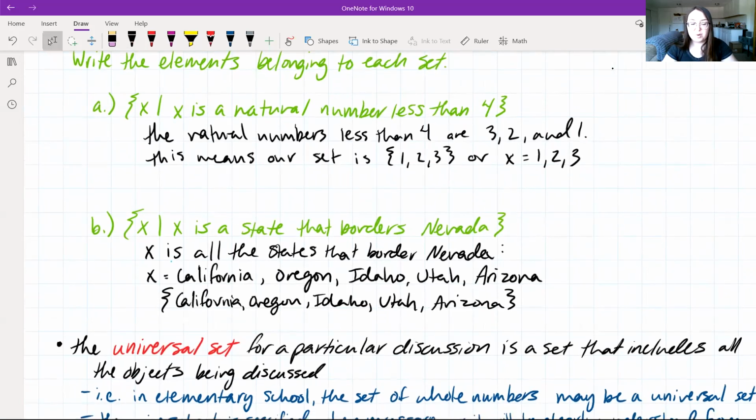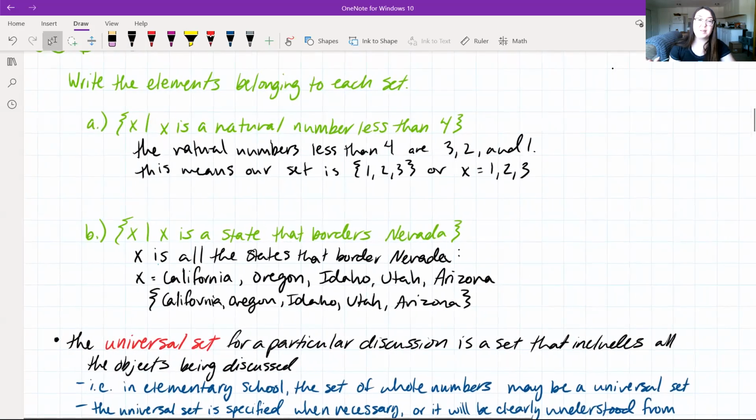If we wanted to say how many unique elements are in the set, I can count 5. So there are 5 states that border Nevada, so there are 5 unique elements of our set. We can see that none of these are repeated.